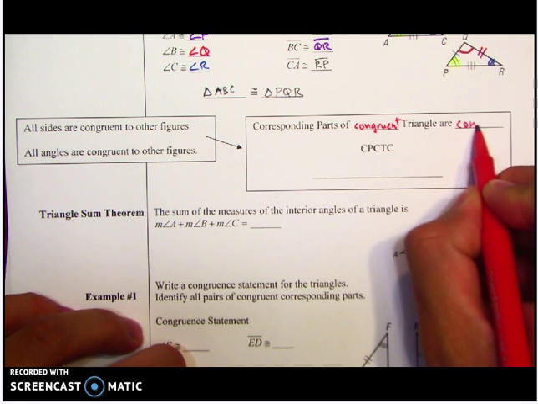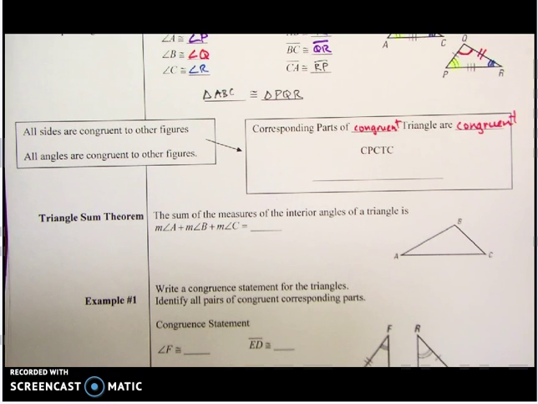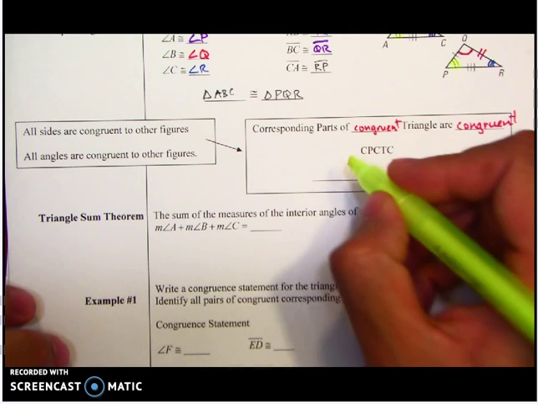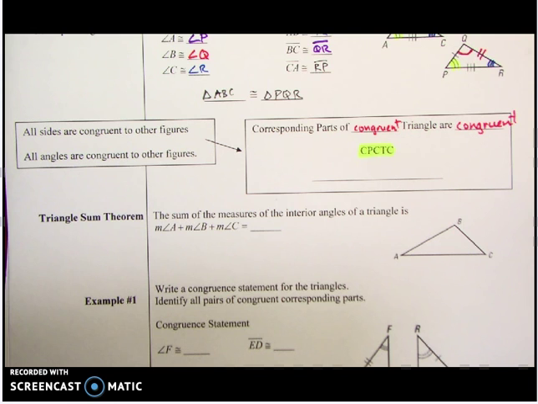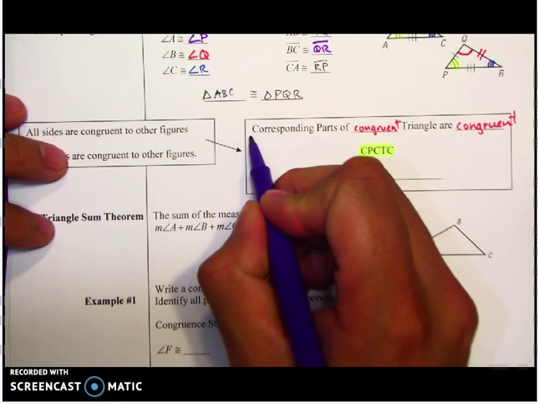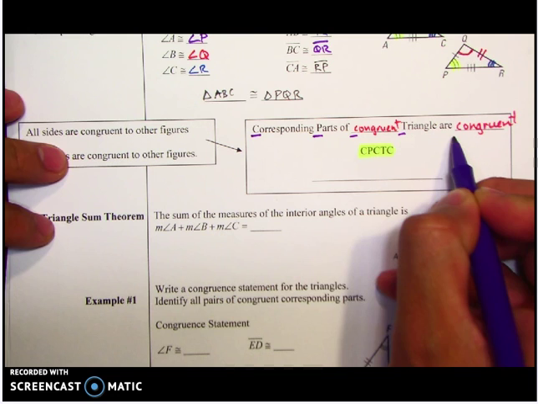So every part is congruent. You'll learn later on that once you prove two triangles are congruent, all the parts are congruent. Some teachers like to make it shorter, so they use a short letter form. They call that CPCTC, and we get that from the first letter of each word: C, P, C, T, and C.